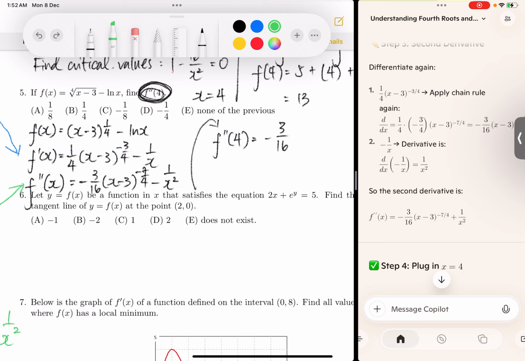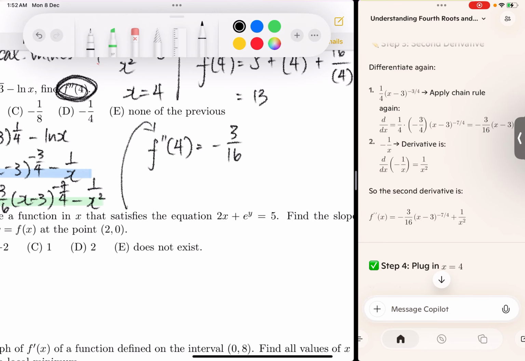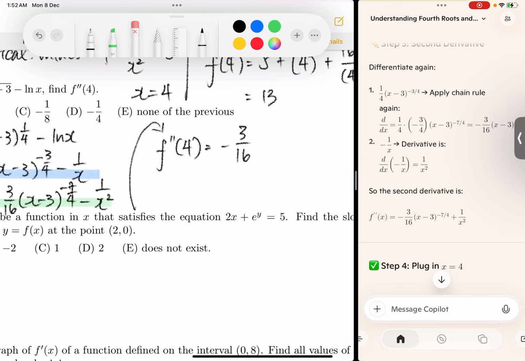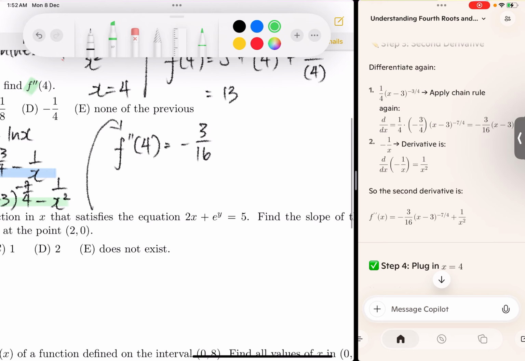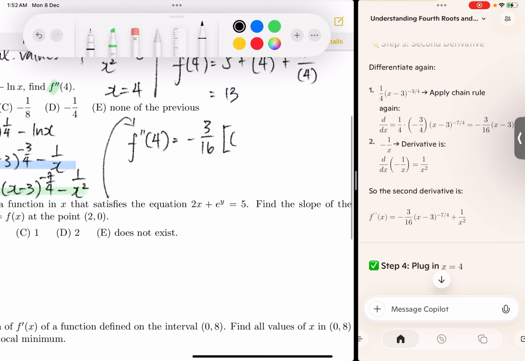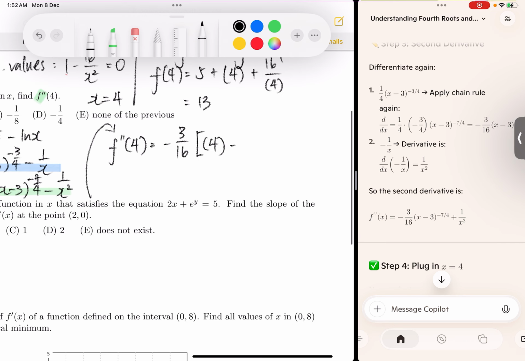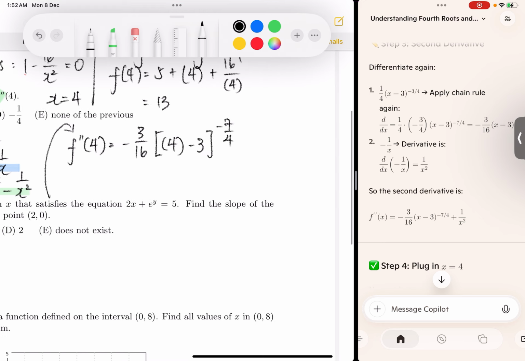And it's telling us to input 4 in the second derivative, because there's 2 little lines there. So then it becomes negative 3 over 16, then this becomes 4 minus 3, to the negative 7 over 4, minus 1 over 4 squared.